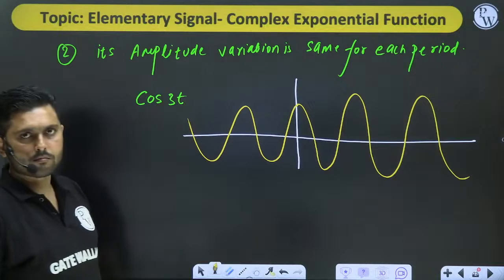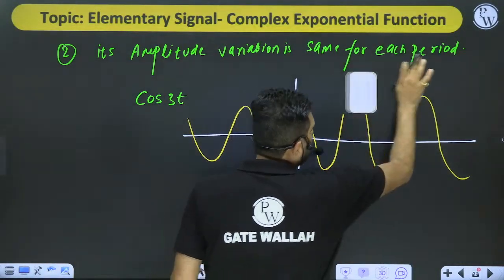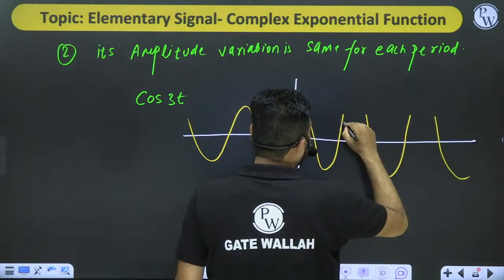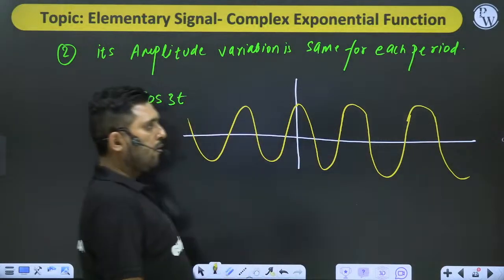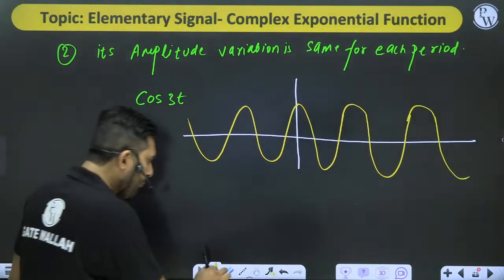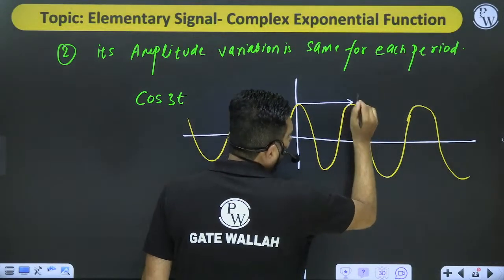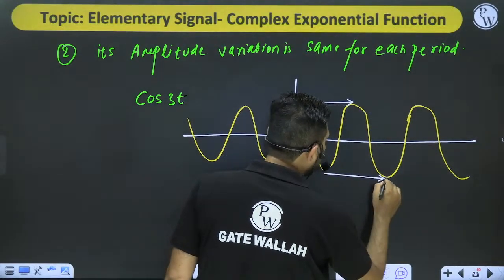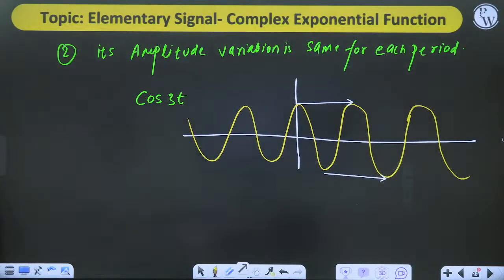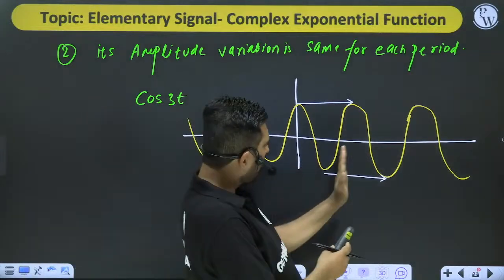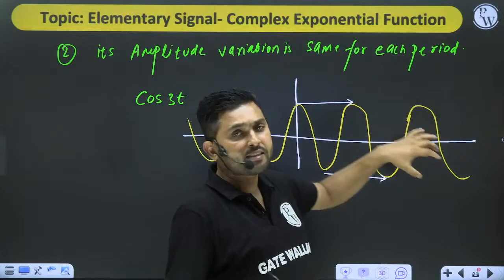Like this. So forgive my drawing. If you take the amplitude from here to here or here to here, the variation is exactly the same. Whatever the variation, any amplitude, any period if you take, the variation is exactly the same.